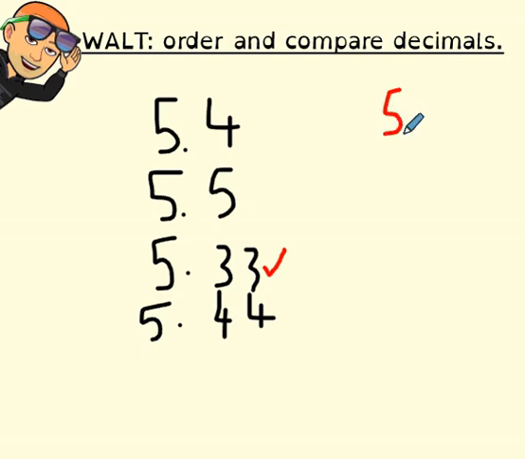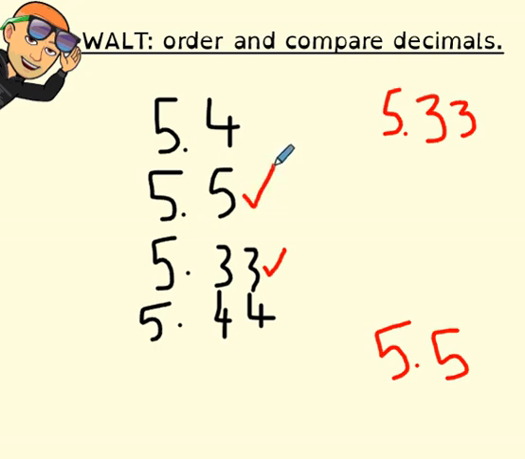I also know I've got 2 more with 4 in the tenths column, and I've got 1 more with 5 in the tenths column. So I know that my 5.5 will be my greatest value. Again, I'll tick it off so I know that I'm not forgetting it, and I know that it's been sorted.